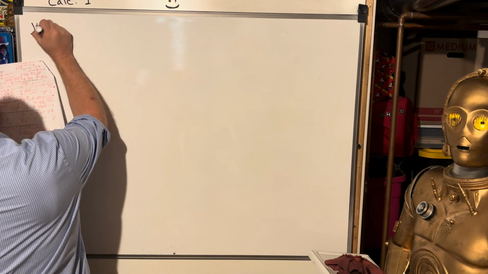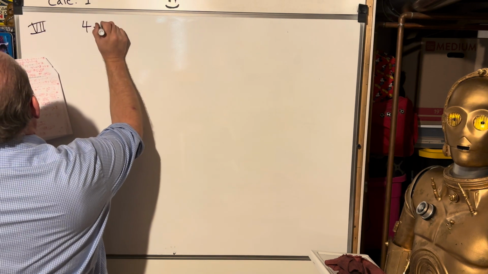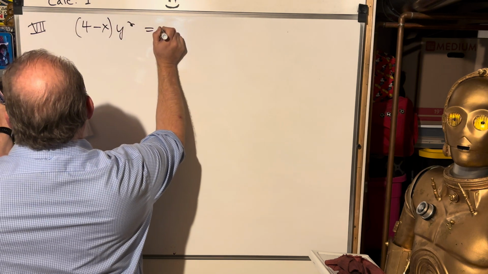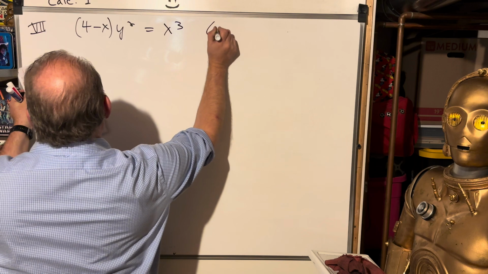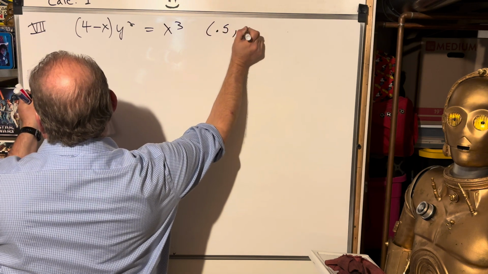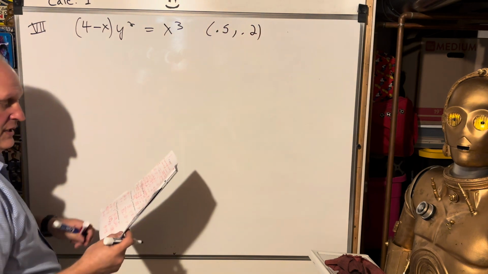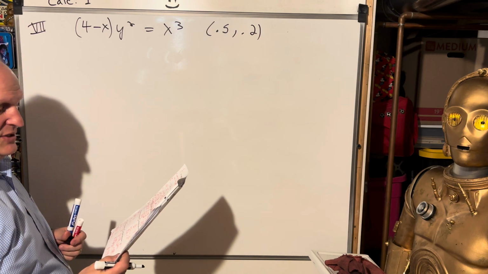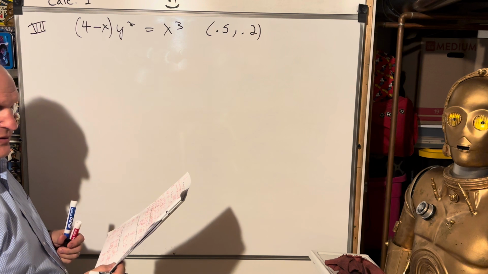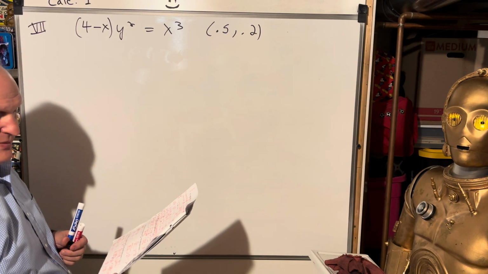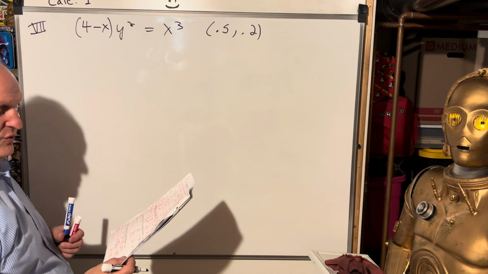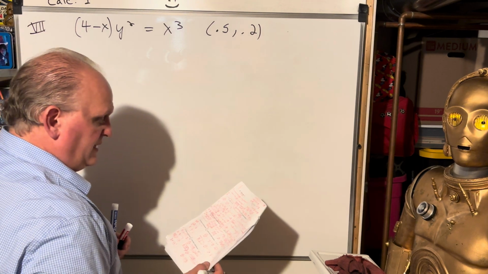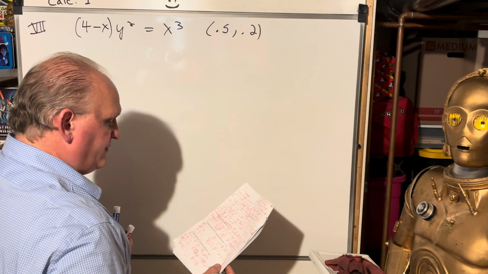So 7 is, we got 4 minus x times y squared equals x to the third at 0.5, comma 0.2. And they want, find the slope of the tangent line. So first we got to do the derivative, then we got to put in the 0.5s and 0.2s. And that will give us the slope at that point, the instantaneous slope.